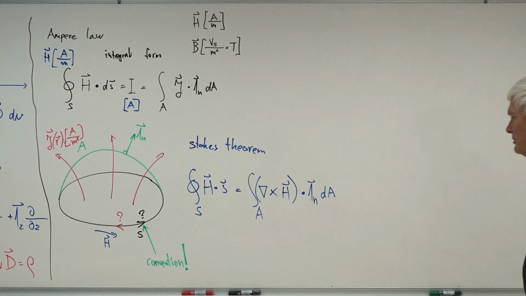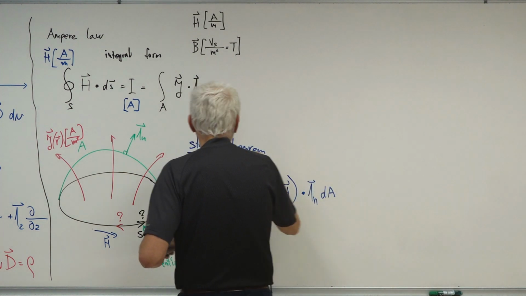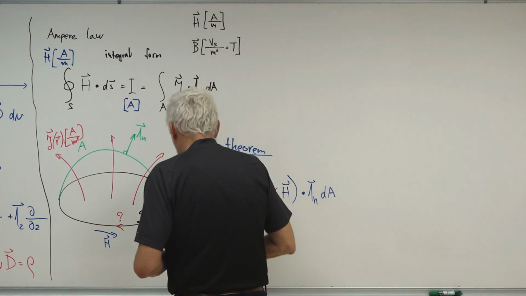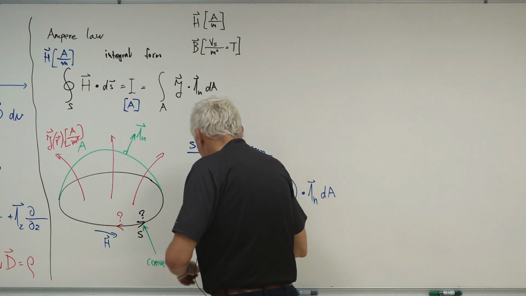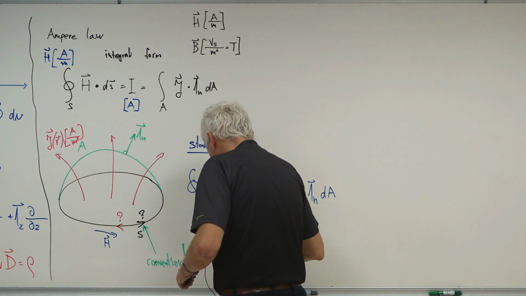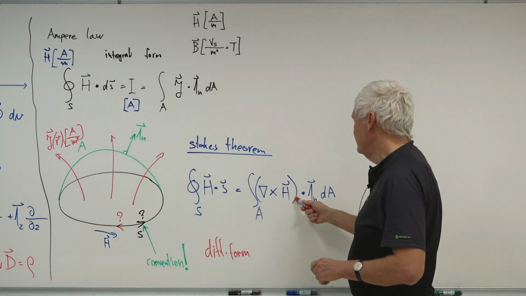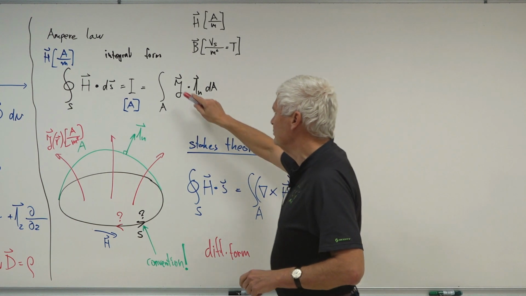This is the Stokes theorem, and now we can compare it with the Ampere law in integral form. What do we get out? We get the differential form, which says that this thing here is identical to the current density.